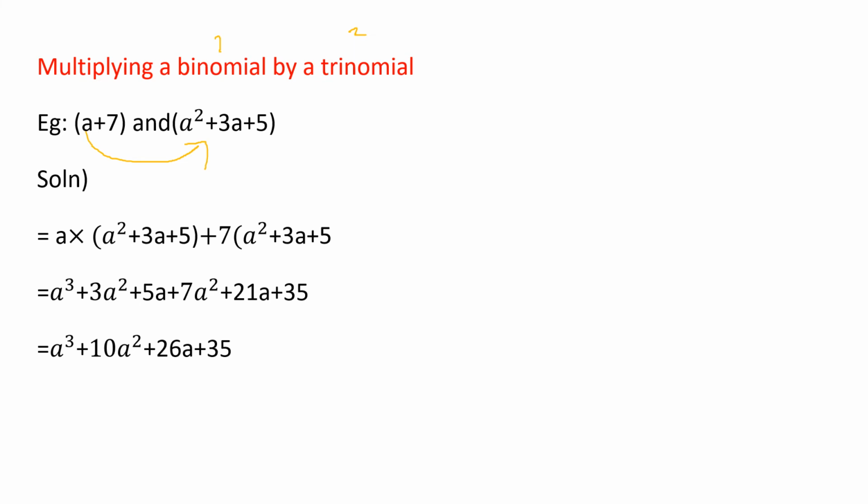Then a into a square, a cube, right? A cube plus a into 3a, 3a square. When you are adding, you write a plus 2a as 3a. But when you are writing a into 2a, multiplication, here there is no coefficient, right?